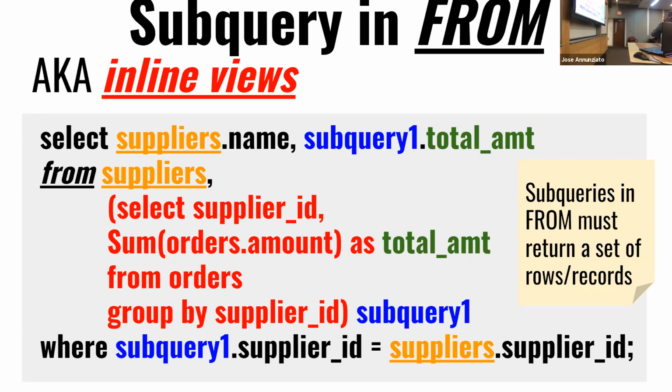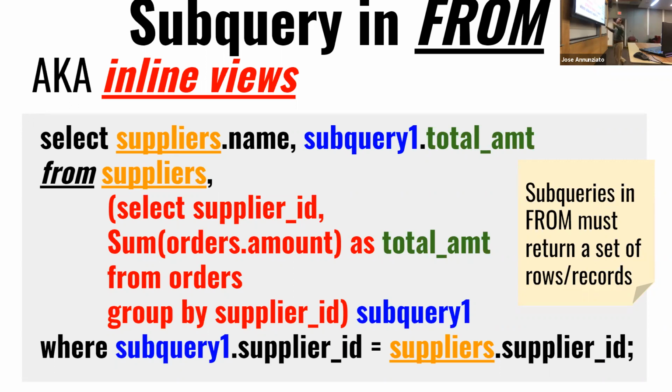So in here the from clause has the first table, suppliers. See that? And suppliers might have a whole bunch of fields, it might have a bunch of records, right? And then it says comma.